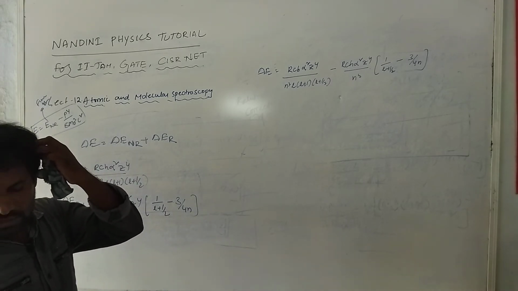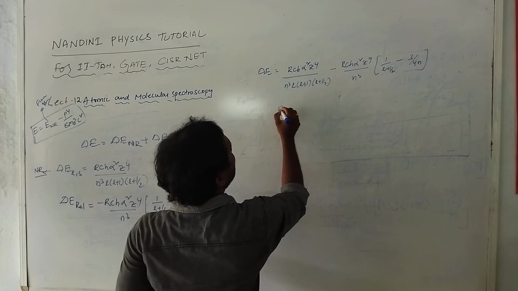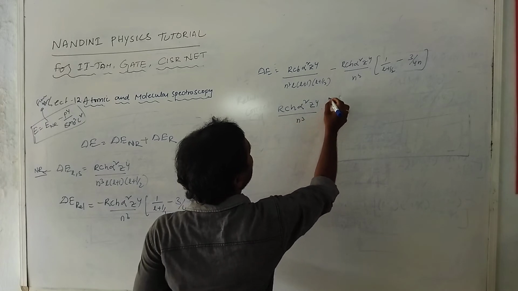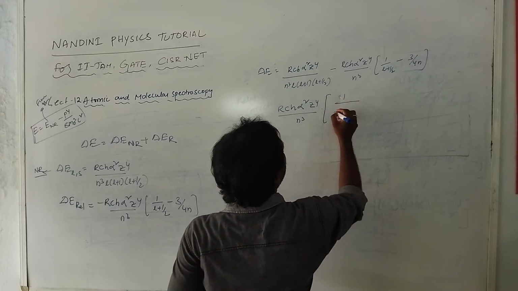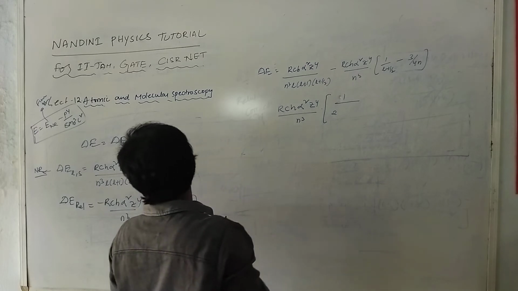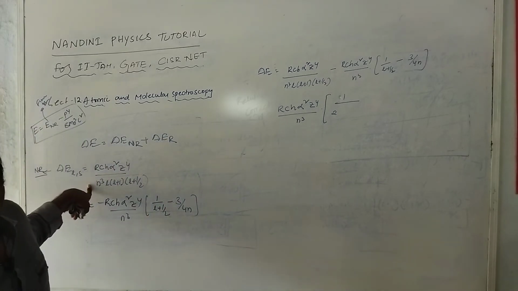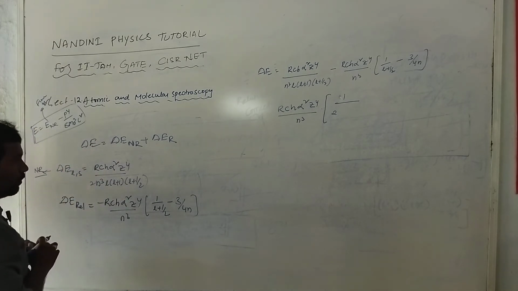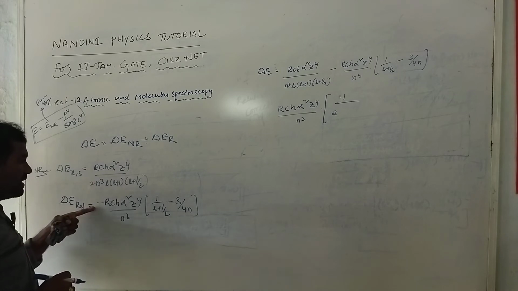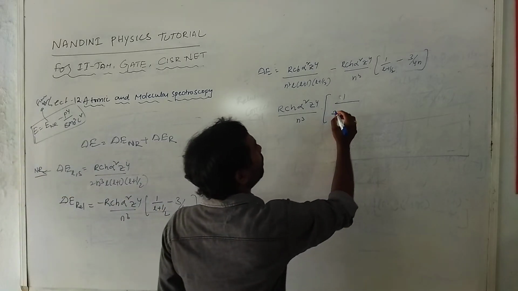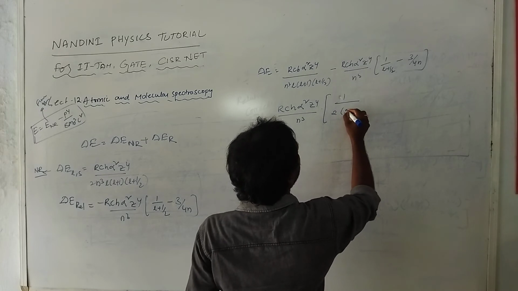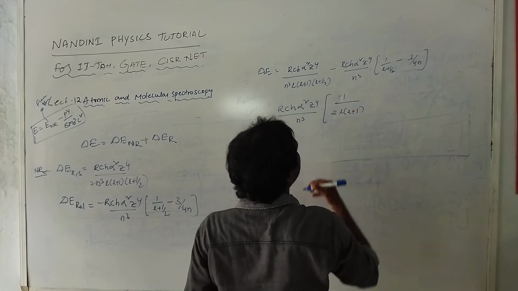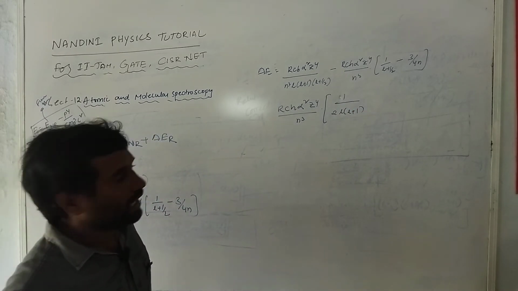Take RCH alpha square Z power 4 and n cube common, so you will get 1 by 2, because there is a 2 here. Take 2 into L plus half, L plus 1.